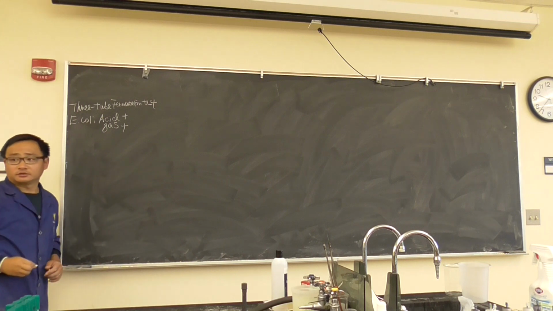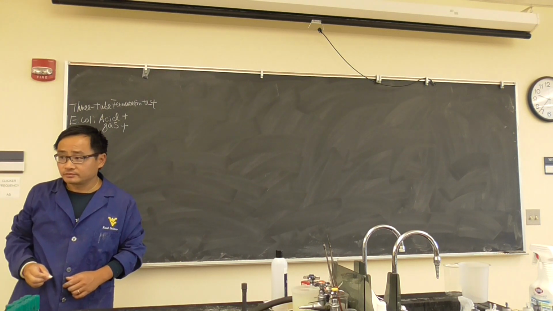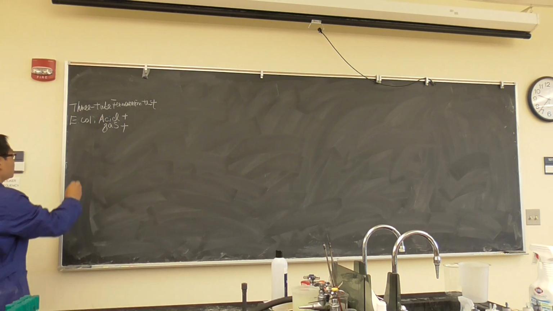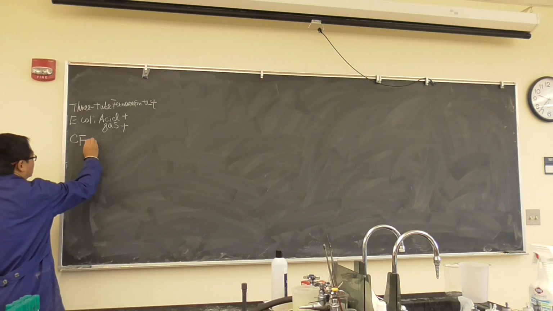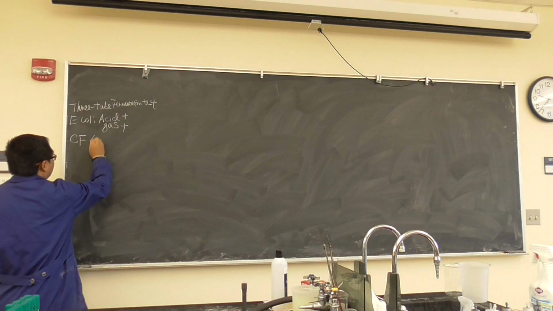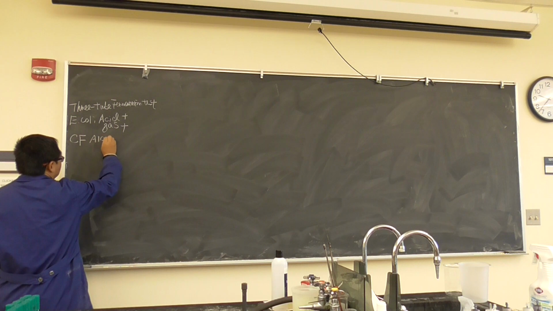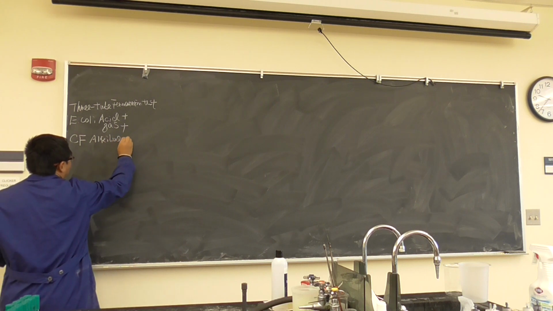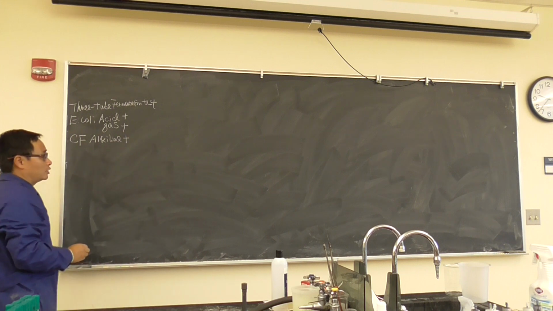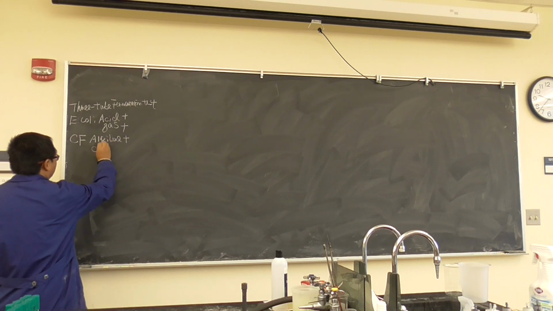Is that correct? And if you have a CF, you should see it is alkaline. Alkaline. We won't say it's positive, it will be cherry red color.